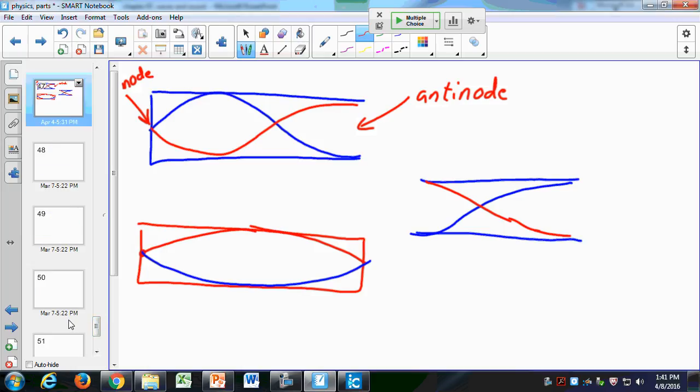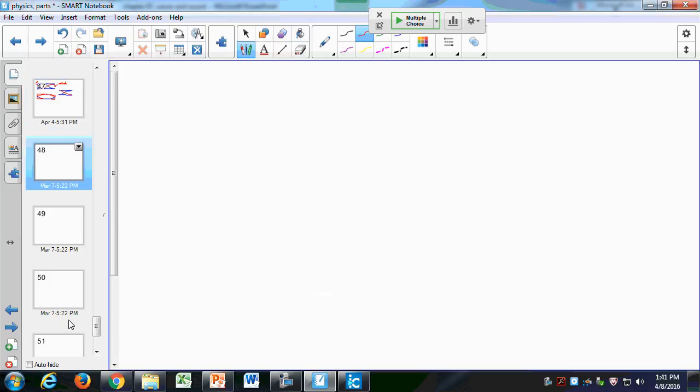let's look at the one that's closed on both ends at first. Really, we're talking about strings. So if we have a string, this is our first harmonic.